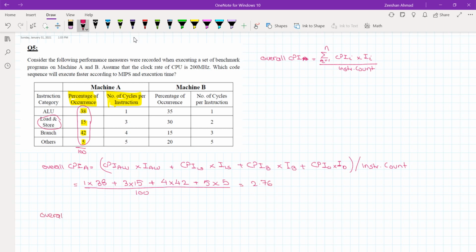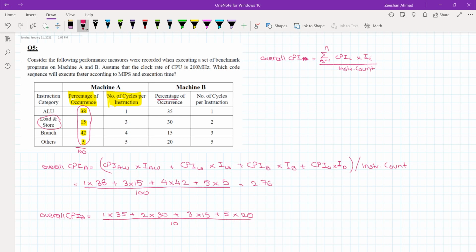Similarly, we can write the overall CPI of machine B. I'm not writing the formula, but it's the same formula in terms of machine B. The CPI for machine B will be 1 multiplied by 35 plus 2 multiplied by 30 plus 3 multiplied by 15 plus 5 multiplied by 20, divided by the instruction count, which is again 100, since 35 plus 30 is 65, plus 15 is 80, plus 20 is 100.